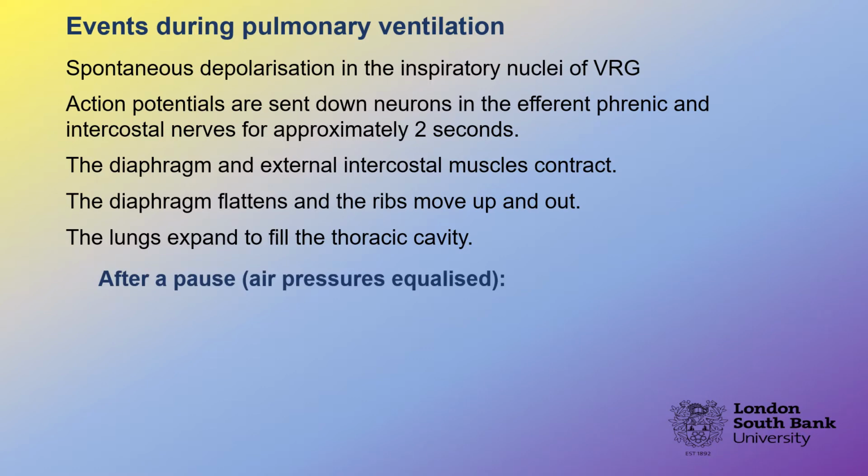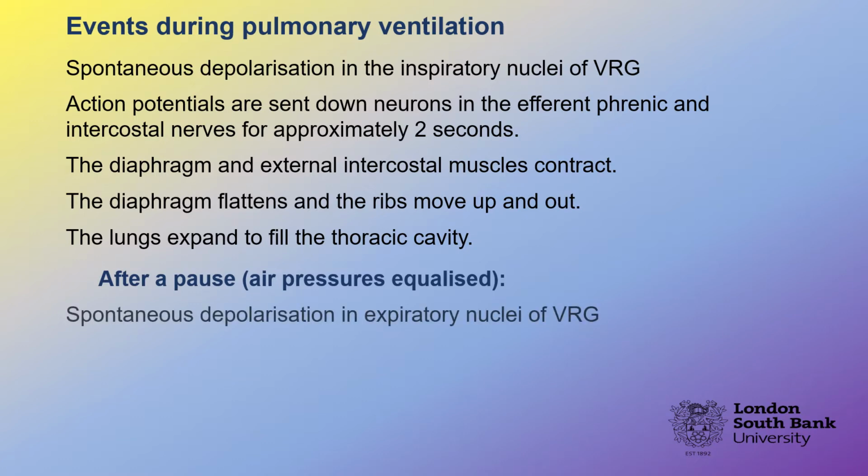Once those air pressures have equalized between atmospheric and alveolar air, and it takes a little bit of a pause to do that, after that, we get spontaneous depolarization in the expiratory nuclei. So this is our Botzinger complex, also within the ventral respiratory group.